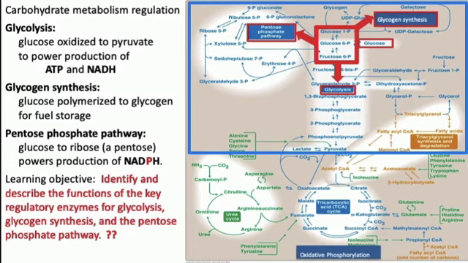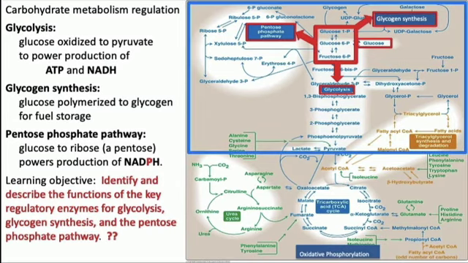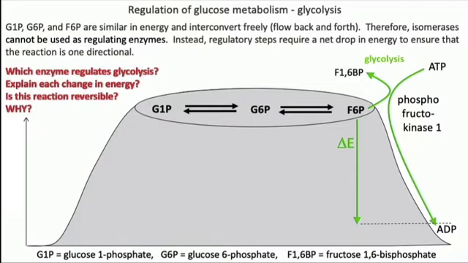Regulatory steps require a drop in energy, and I already mentioned that isomerases do not lead to changes in energy. To more graphically see how each of these pathways can be regulated by enzymes at crucial energetic metabolic steps, let's take a look at glycolysis with an energy landscape figure.